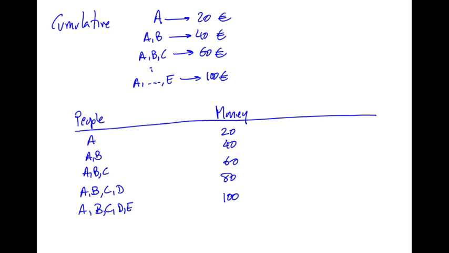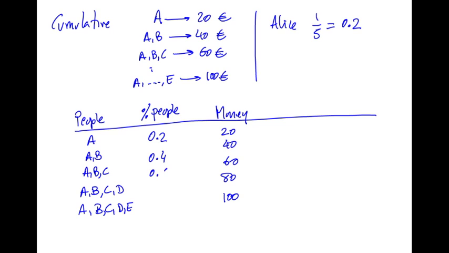And let's consider this in terms of percentage, or n over 1. Here we put the percentage of people. Alice is 1 out of 5, which is 0.2 or 20%. Let's do it from 0 to 1. So here we have 0.2, 2 people will be 0.4, 0.6, 0.8, and 1.